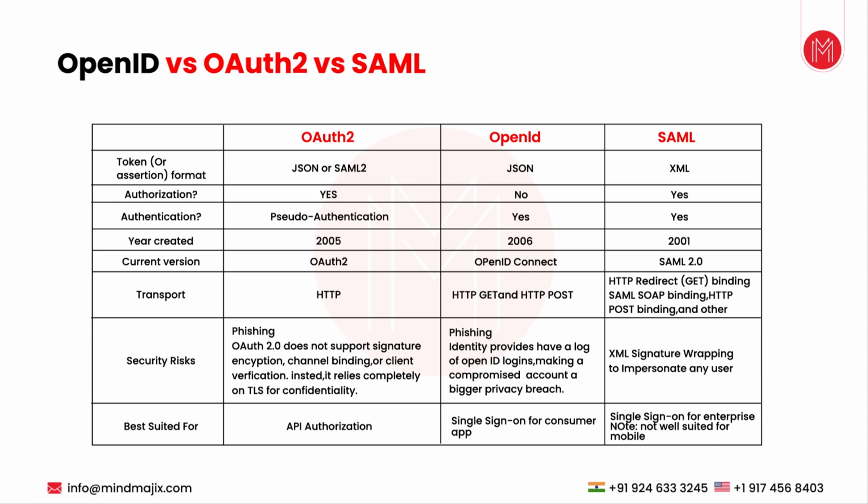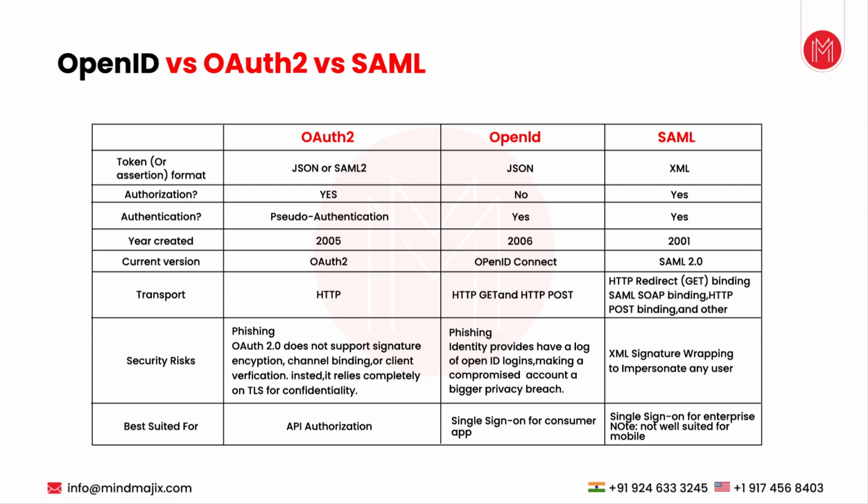In OAuth 2.0, the token or assertion that is generated is in JSON format, or in SAML 2.0, in XML format. OpenID is completely in JSON format, and SAML is in XML format. OAuth 2.0, yes, it's an authorization protocol. OpenID, no. SAML is an authentication protocol, but sometimes it can allow you to do authorization, though it's very restricted or limited.